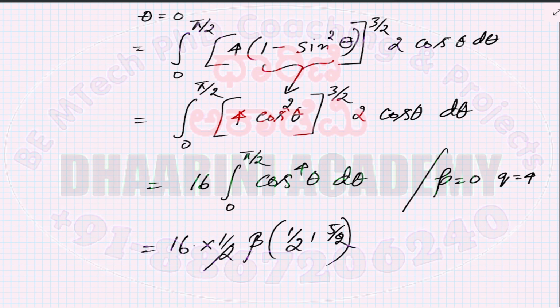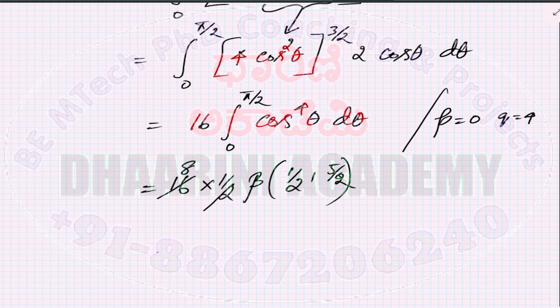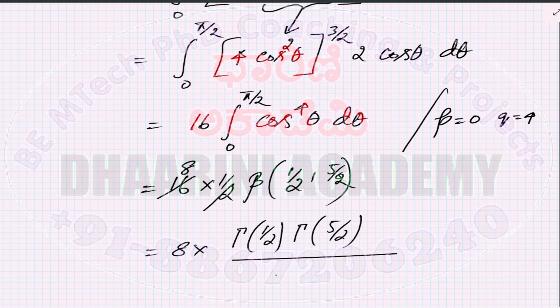This is cancelling with that 8. Now you can see that this is 8 into gamma 1 by 2 gamma 5 by 2 whole divided by gamma of 1 by 2 plus 5 by 2. 1 plus 5 is 6, 6 by 2 is equal to 3.